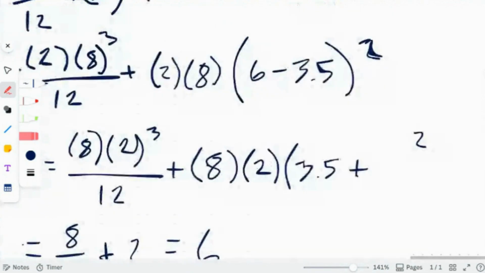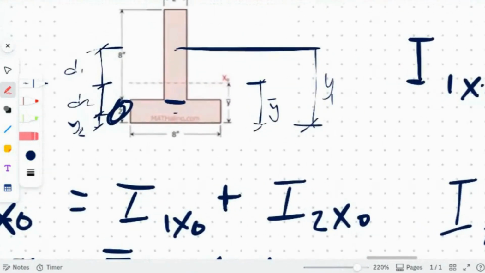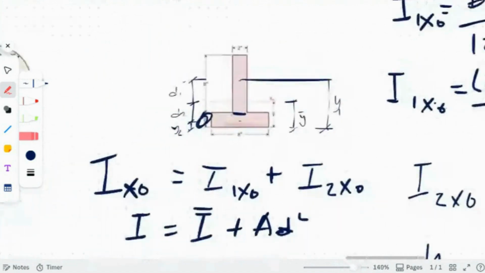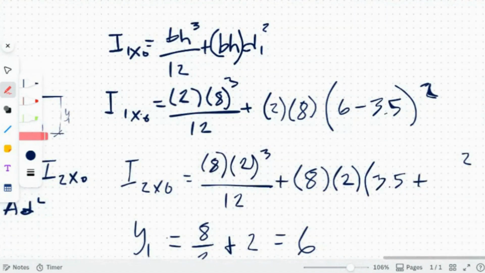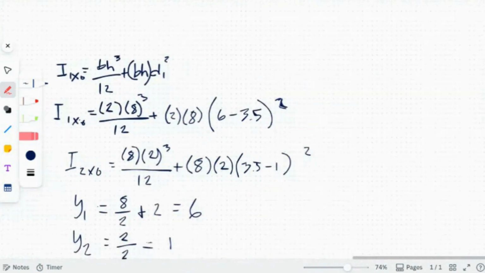I think earlier it was plus, but let me check. Y2, oh yeah, it's subtraction. Still subtraction, sorry. Minus 1. So here, you could now solve.